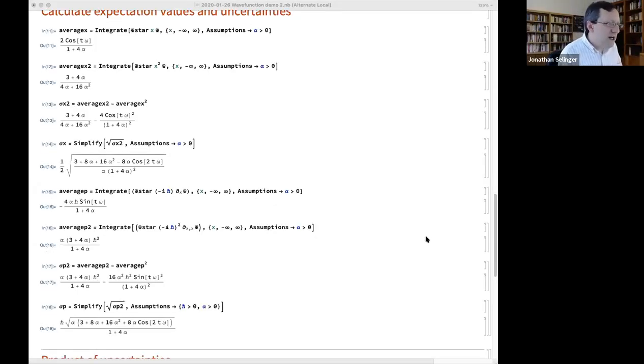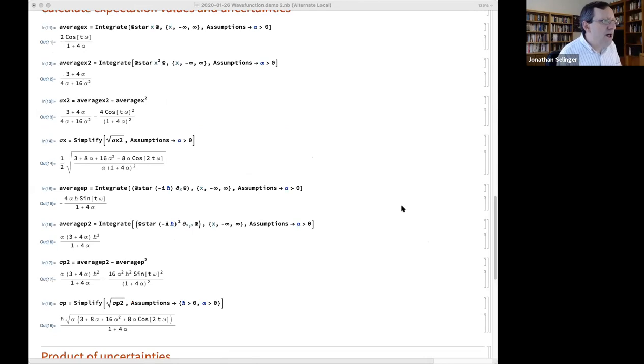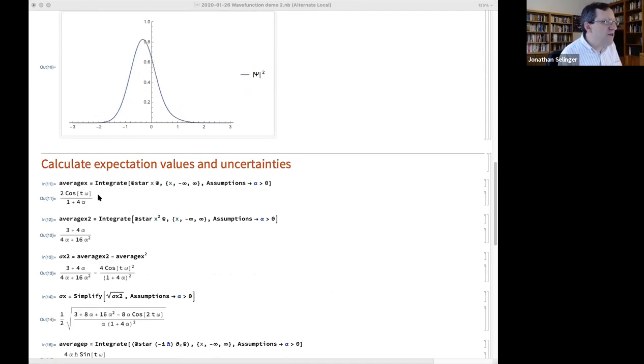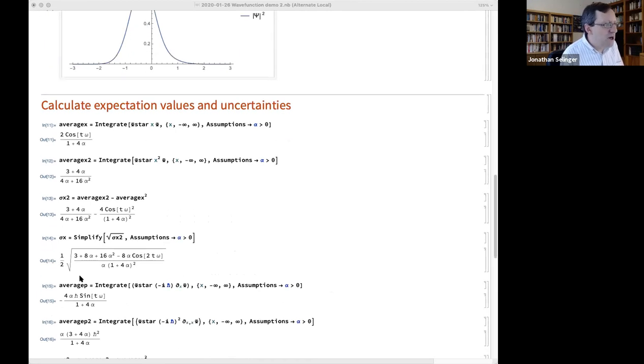And so if I go to share, demo 2, share, okay? And so here, this is the one where the probability is going back and forth like simple harmonic motion, okay? And we derived an average x that was like the cosine of omega t. And then I can derive the average momentum.